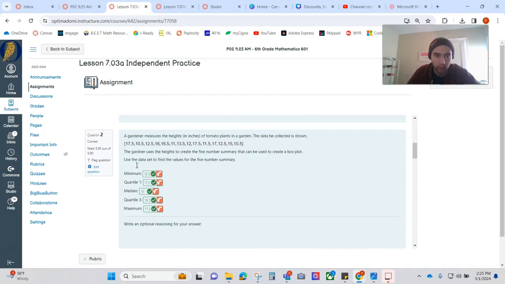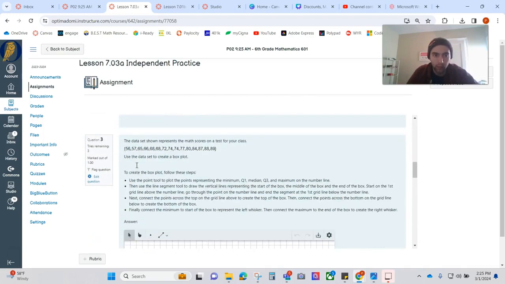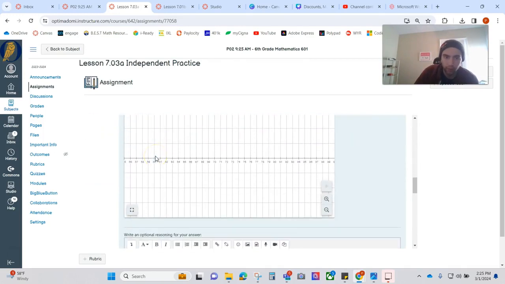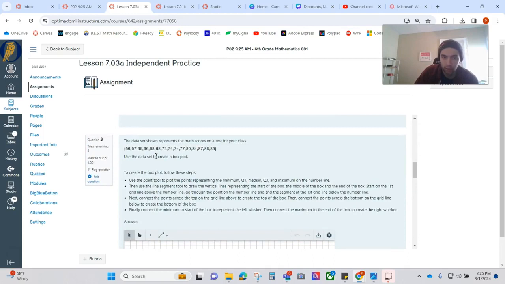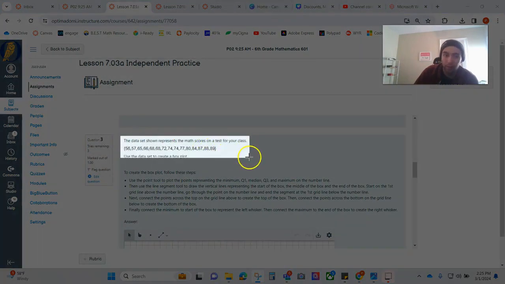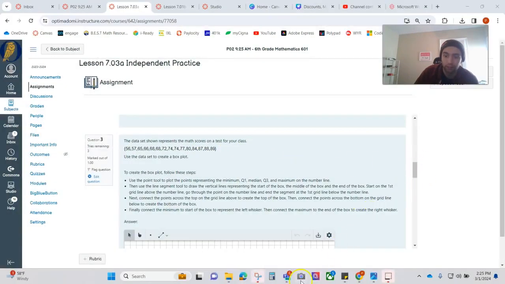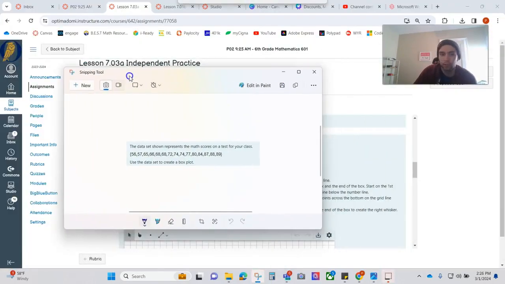All right. Phew. Okay. Question 3. So here we are going to be making a box and whisker plot, box and whisker graph, box and whisker chart.